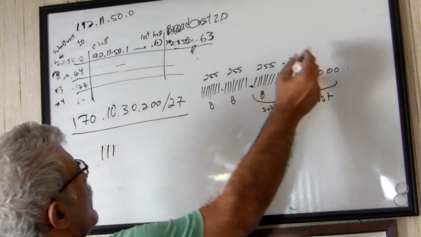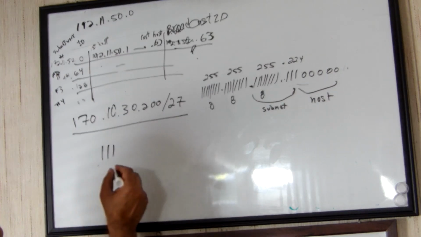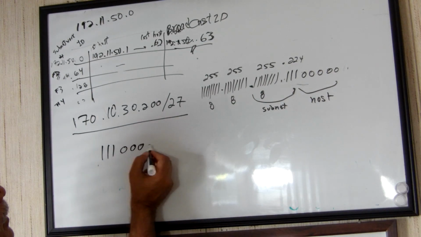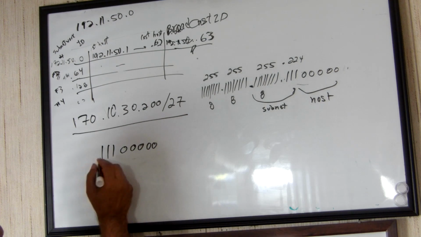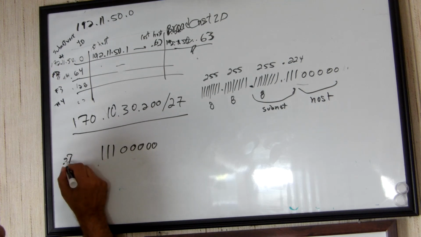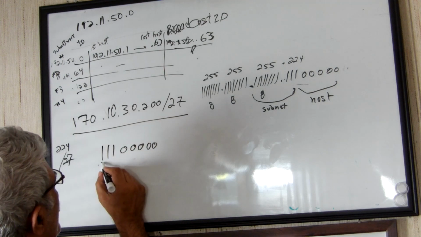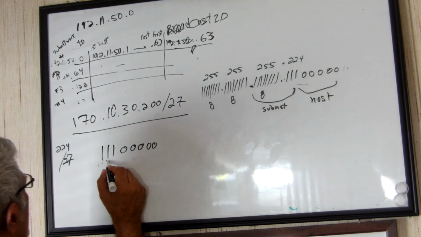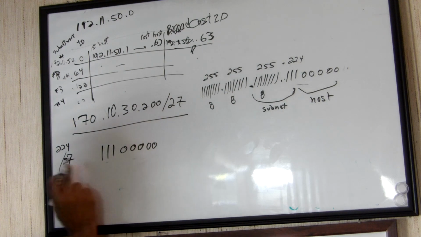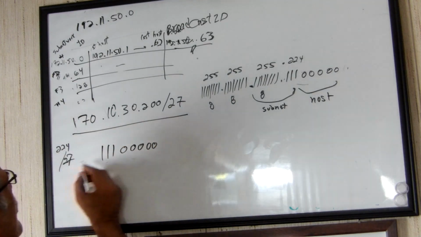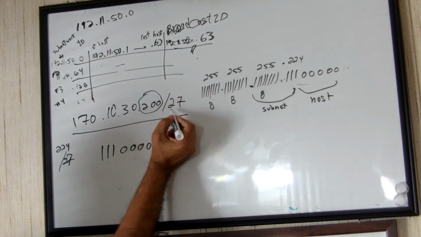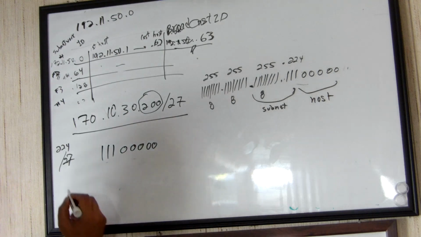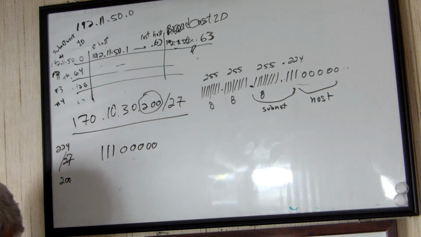You write it here: /27 is 224, from 128, 64, 32, which makes 224. And you say that belongs to the 4th octet. We are in the 4th octet, so we use 200.